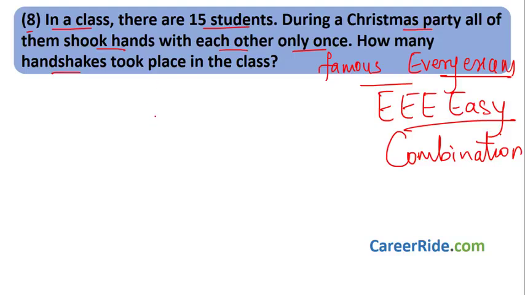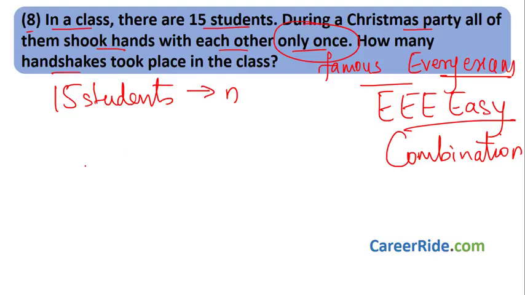I'll also explain in what format this sum can be asked. Over here they are saying that there are 15 students, so the total number of students is N. Each student shook hands with the other person only once. Only once, this is important. How many handshakes took place in the class? Very easy. There are 15 students. For a handshake, how many students do we need? We need 2 students for a handshake.